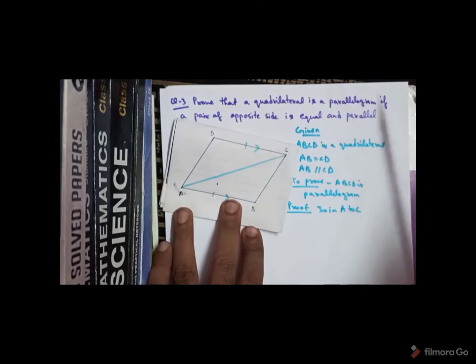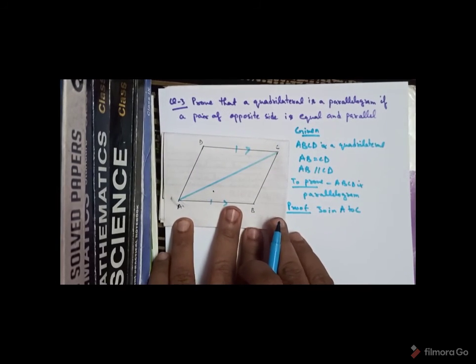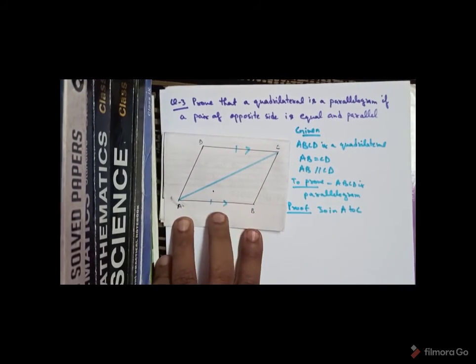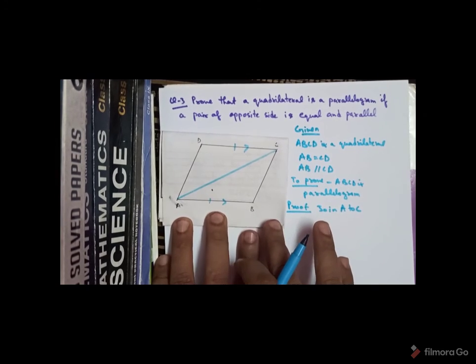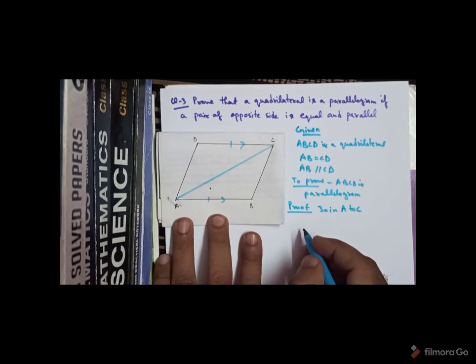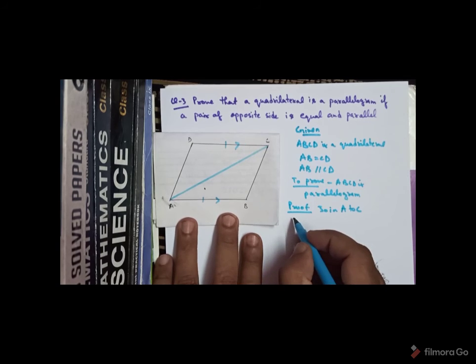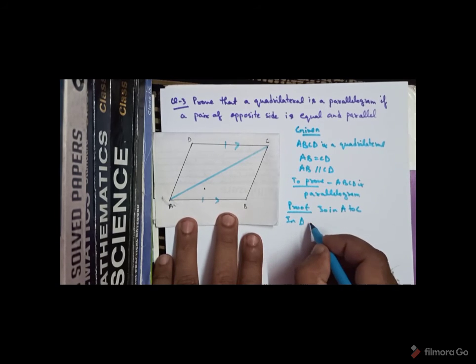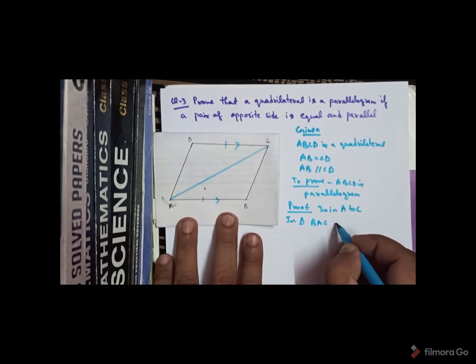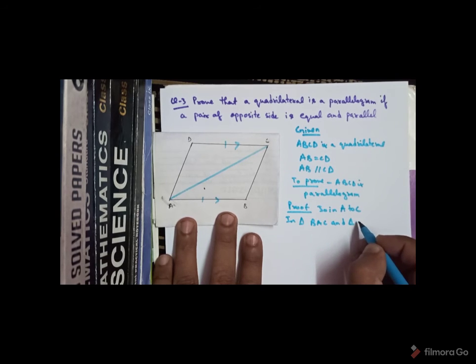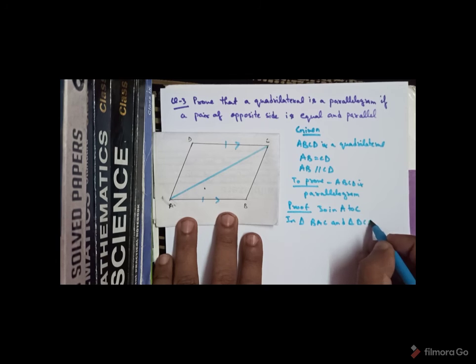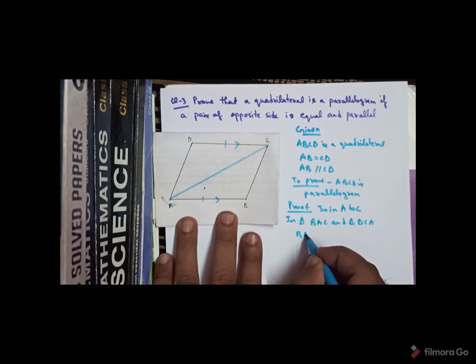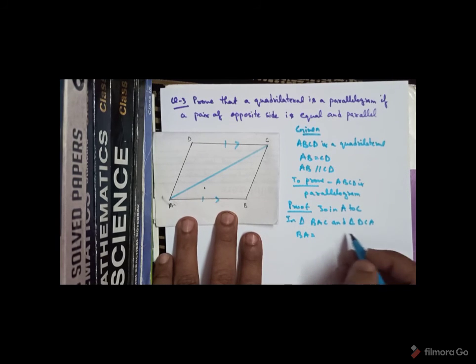So we have got two triangles, and we can prove the congruency of these two triangles. Yes, of course. So first of all, in triangle BAC and triangle DCA, BA is equal to DC. It is given.